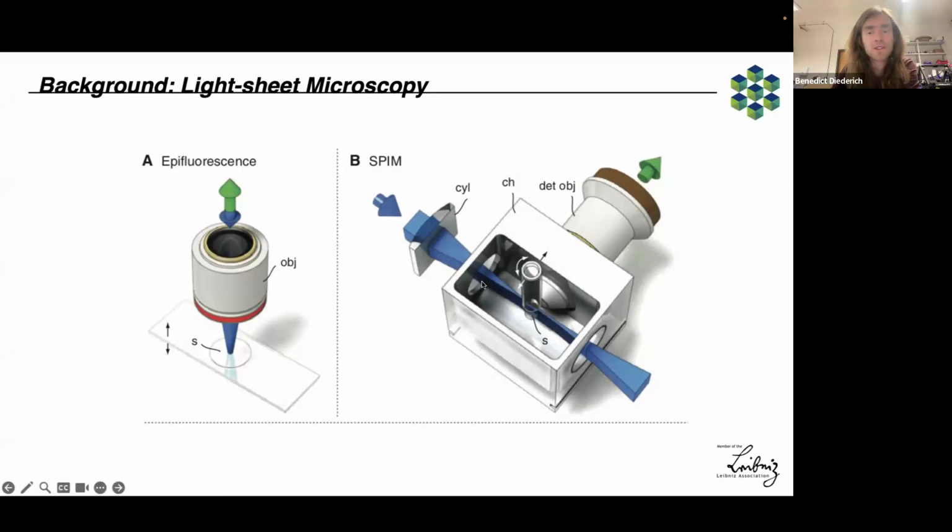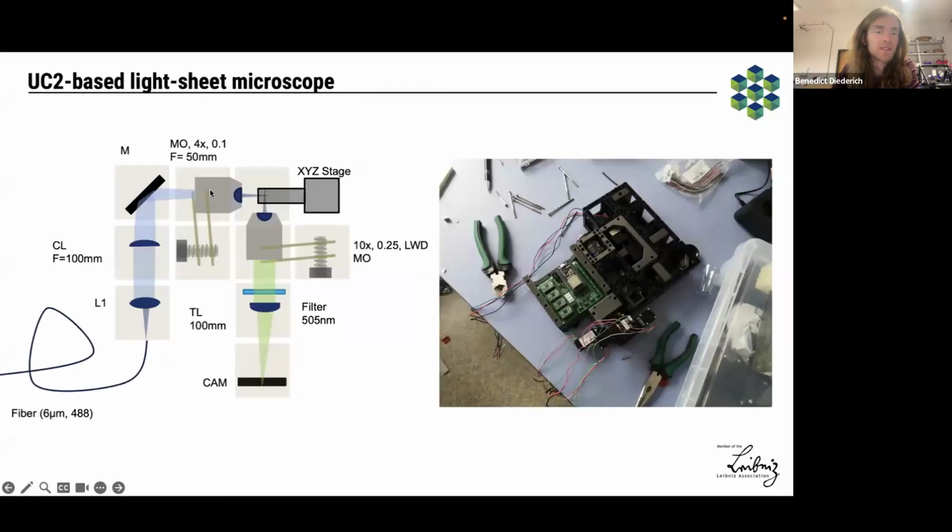Then you form a focus only along one direction. That's pretty much it. You then image that light sheet with a second lens, and into the sample plane, you have an XYZ scanner so that you can move the sample. And then you have the microscope formed by the objective lens, a filter that's blocking the laser light, and then the tube lens and the camera.